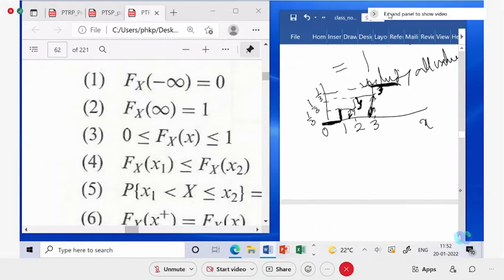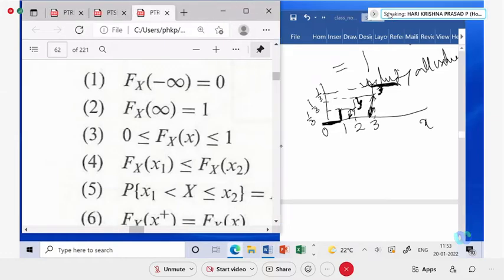So in other words, the distribution function always accounts for all possible events of the experiment within the constraint of x taking a value of small x. If small x is minus infinity, Fx of x is 0. When small x includes all possible outcomes, Fx of x upper value is 1.